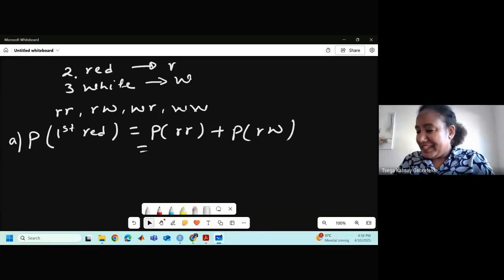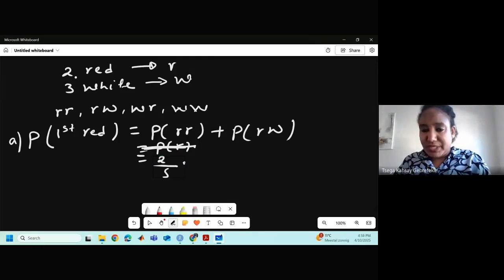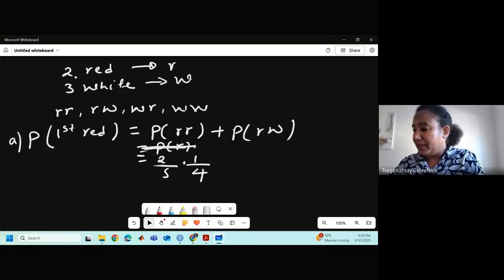What is the probability of red, red? They are dependent. I have how many reds? 2. Divided by, in total, 5. Times, what is the probability of red? Because the first red is already taken. So what is the next one? It is 1/4. Because 1 is already taken.